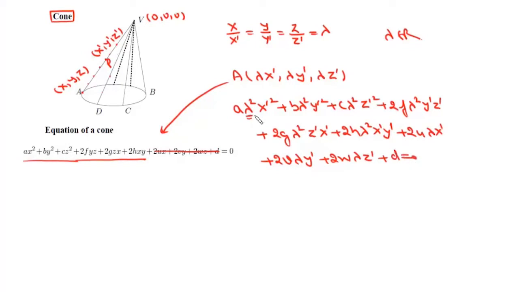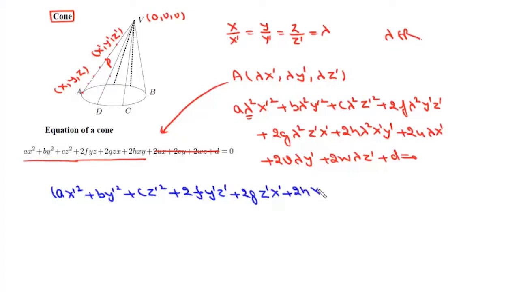Now it is a quadratic equation in lambda. So we can write this equation as (a x'² + b y'² + c z'² + 2f y'z' + 2g z'x' + 2h x'y') into lambda², plus (2u x' + 2v y' + 2w z') into lambda, plus d equals 0.